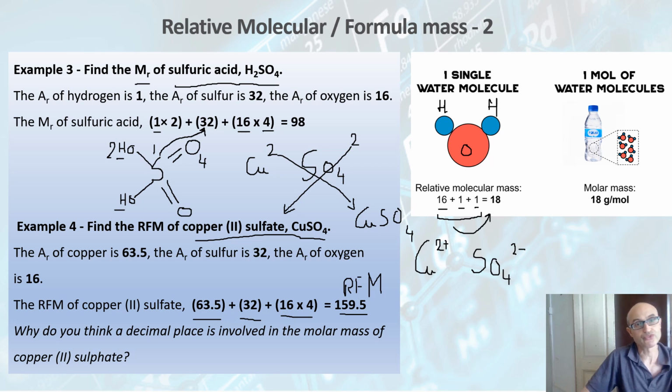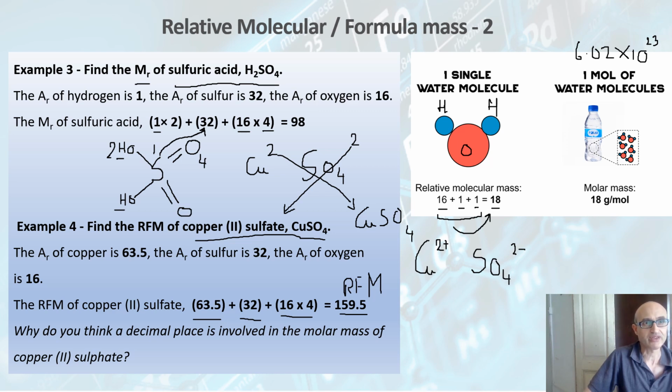Now remember what we also said in our first lesson. 1 mole of water molecules would be equal to 6.02 times 10 to the 23 water molecules. A huge amount of water, isn't it? But water molecules are so tiny that 1 mole of water molecules would simply weigh as much as the relative molecular mass, which is 18.